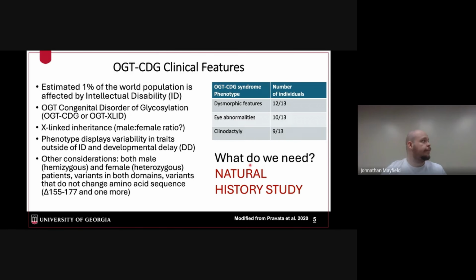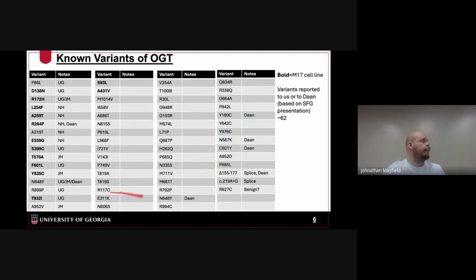And so what I've shown here, and you don't need to memorize all of these, but these are the variants that either have been reported to our lab by clinicians or Dan reported based on his SFG presentation. So we're looking at around 62 known mutations in OGT that are possibly linked to intellectual disability.